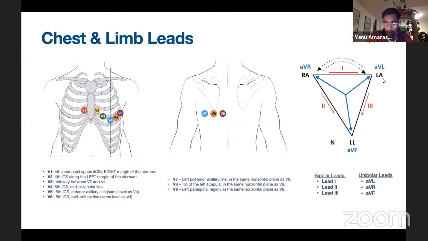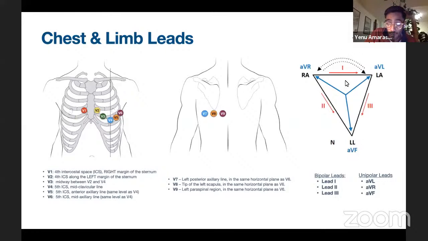And then you go on to bipolar leads. And by that I mean, these are leads that are calculated based on vectors. And anyone who's done some maths will know that vectors are the distance between 2 points.